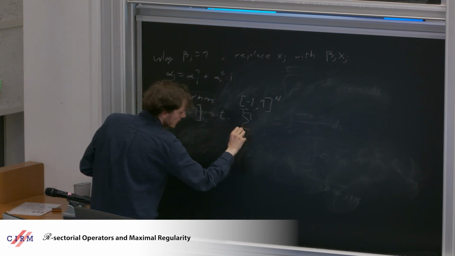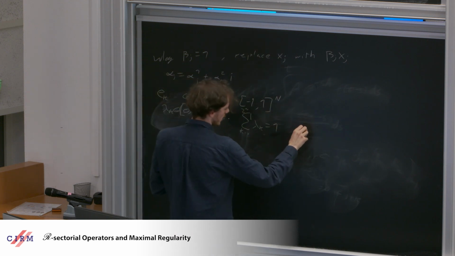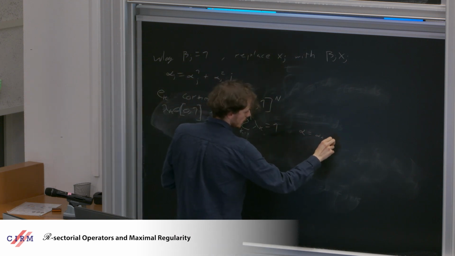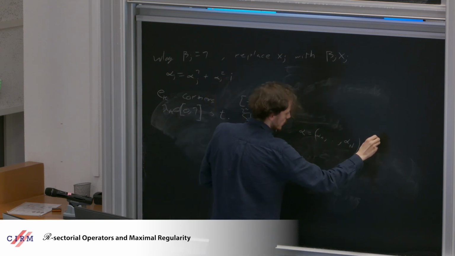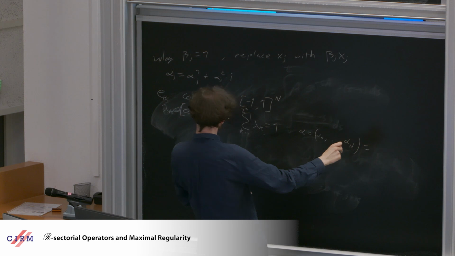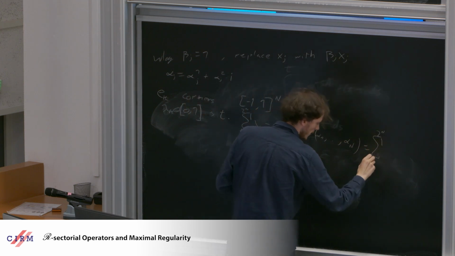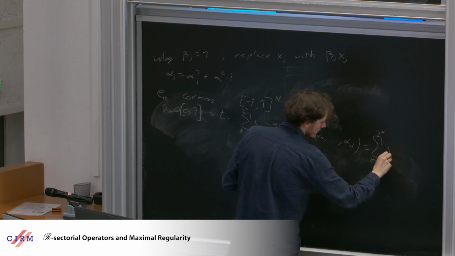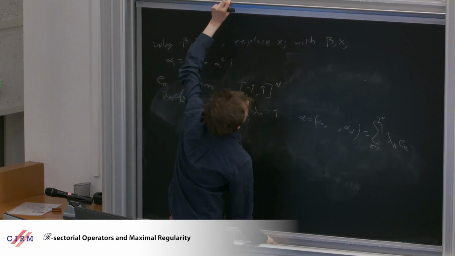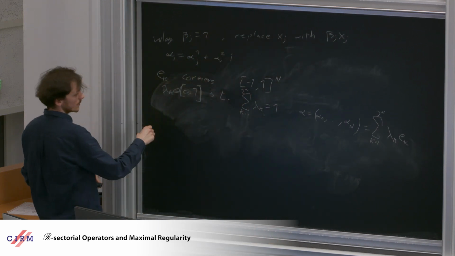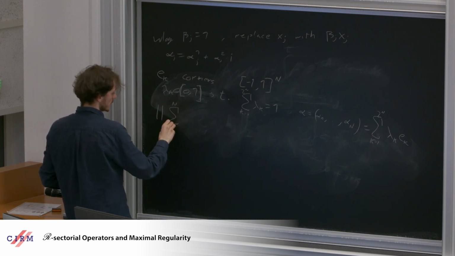I should have said that. And then alpha is equal to the sum up to 2n of lambda k ek. And then we take the definition and then just plug this in and everything pops out.